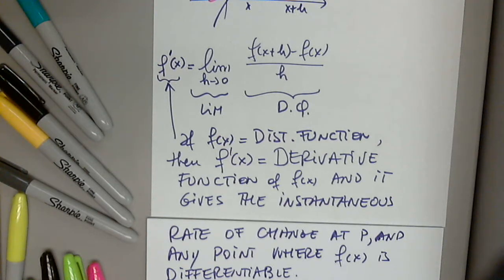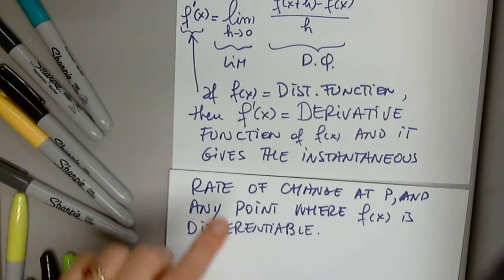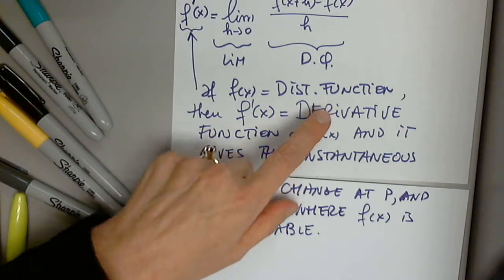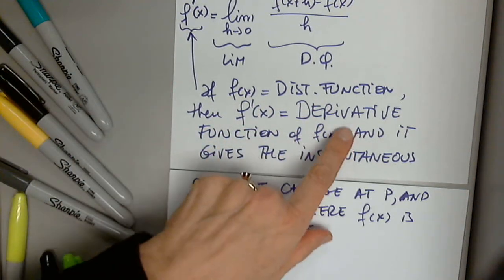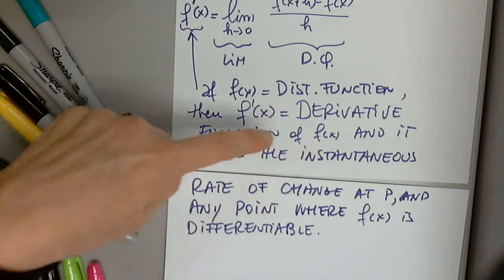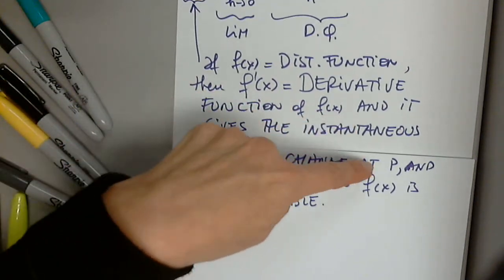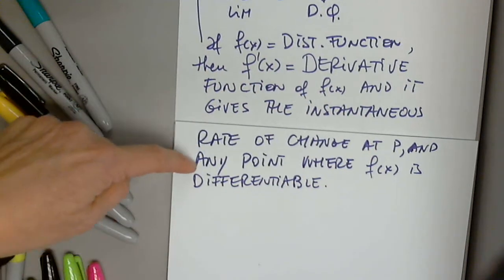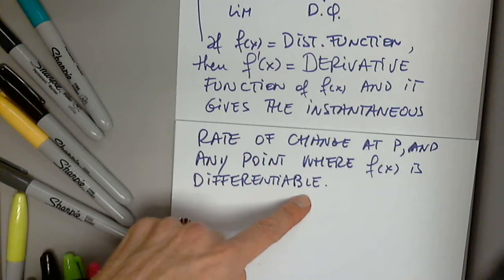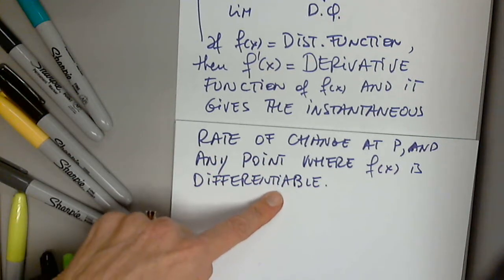And this function will determine the rate of change at any point, the instantaneous rate of change at any point on that function, with some restrictions. Not just at p. So now we said that if f of x is the distance function, then f prime is a derivative function of f of x, and it gives the instantaneous rate of change at p, and at any point where the function is differentiable. So this is the condition that I need to explain further.